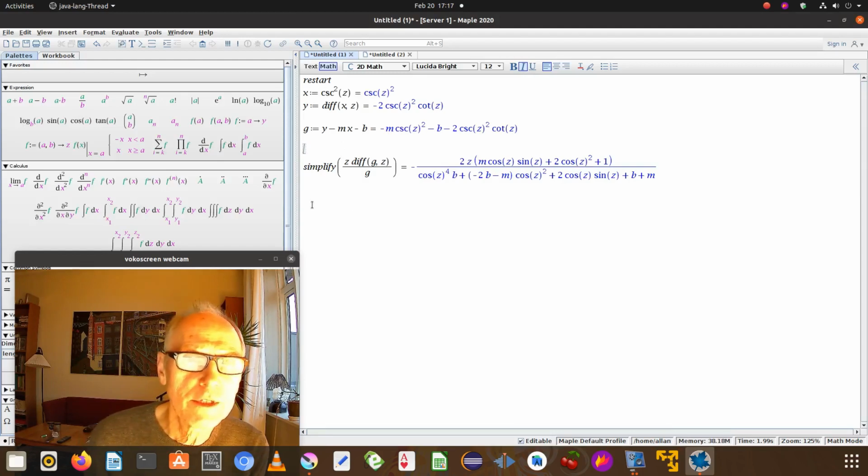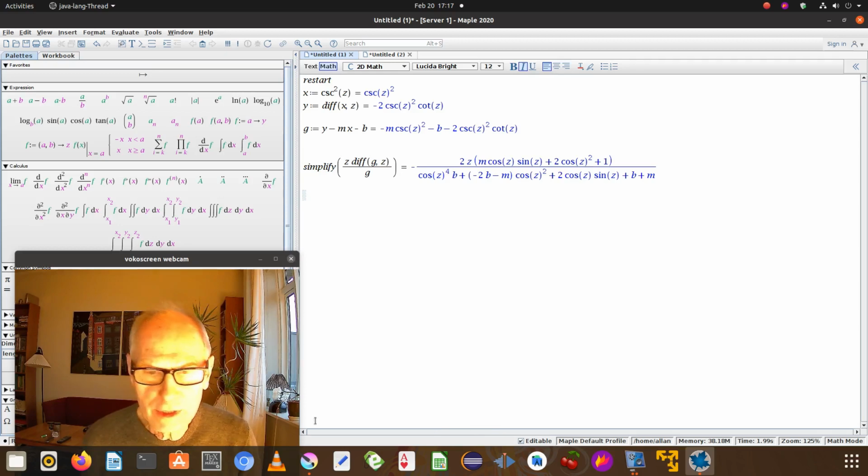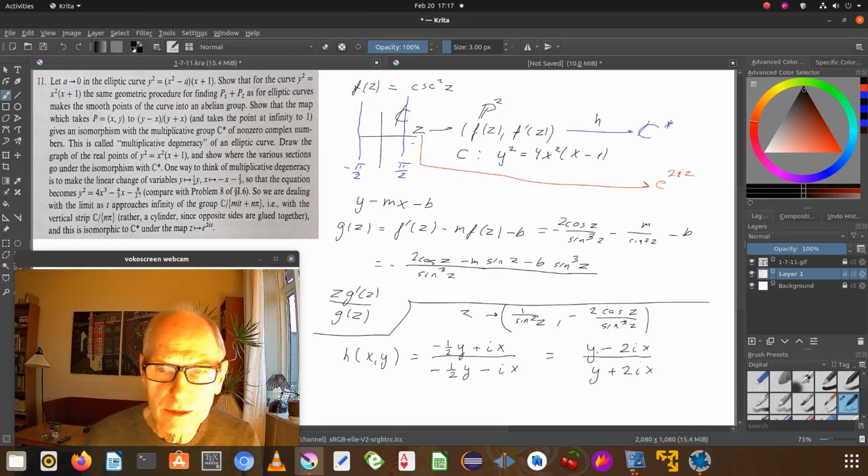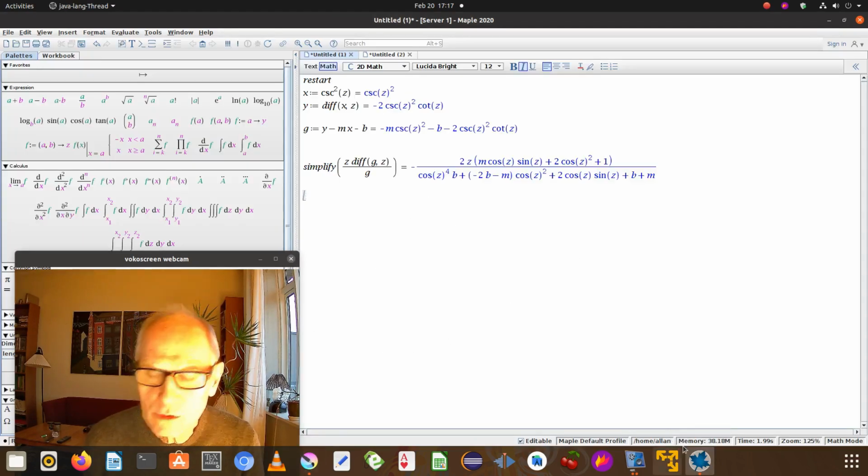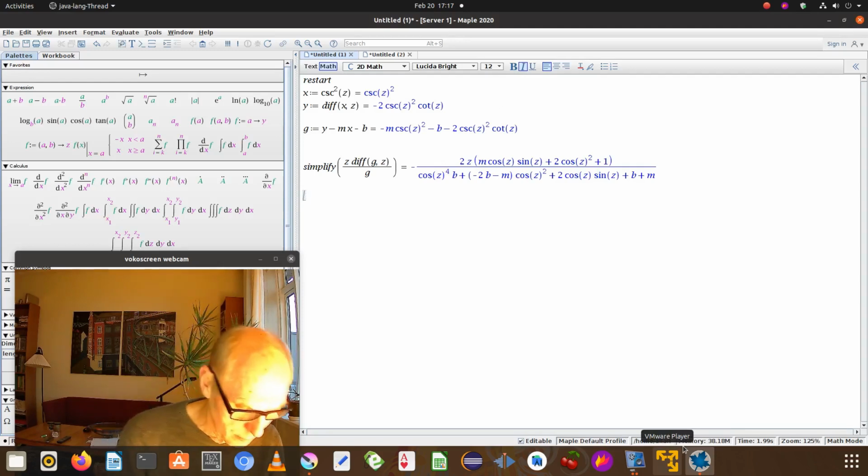So we have these two. I've already forgotten it. y minus 2ix. Oh, I think we should convert it to exponential.